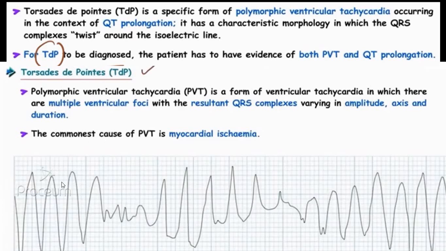Same thing is shown here. This is a polymorphic ventricular tachycardia, and commonest cause of polymorphic tachycardia is myocardial ischemia. Torsades De Pointes is a variety of ventricular tachycardia where multiple ventricular foci result in QRS complexes of varying amplitude, axis and duration.